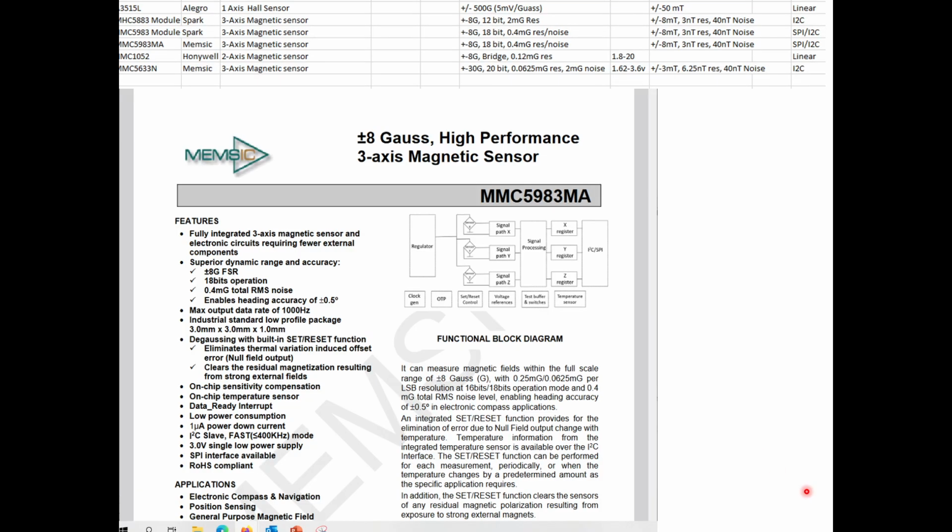The other hard limitation is what's the most sensitive sensor. This is a printout of our sensors in stock, and it's pretty current with what's available. The most sensitive one we have, in terms of noise, is a 5983. We have those both in module form and in integrated circuit form, and they can do 0.4 milligauss, which is 40 nanotesla.